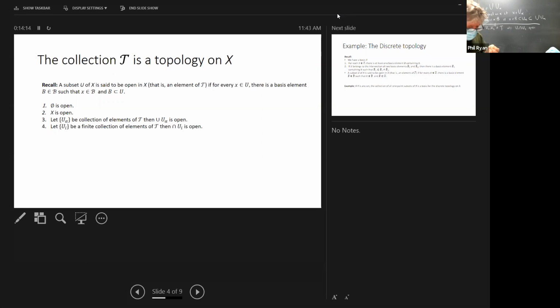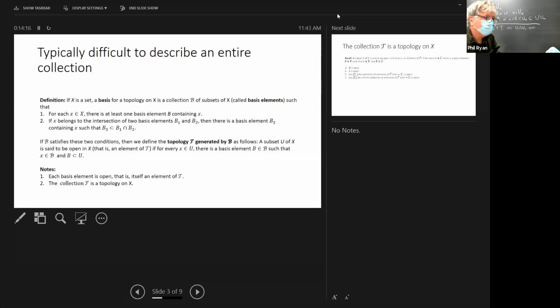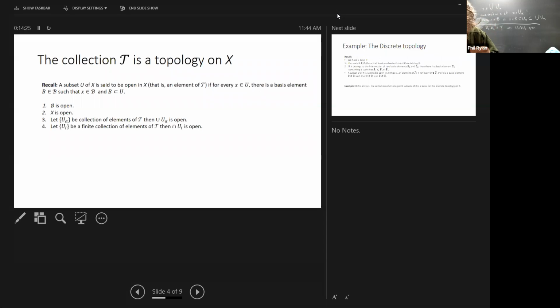So now what we do is we actually use condition 2 of the definition of a basis. We want to show this is open. So let's say we have some element X in that intersection.